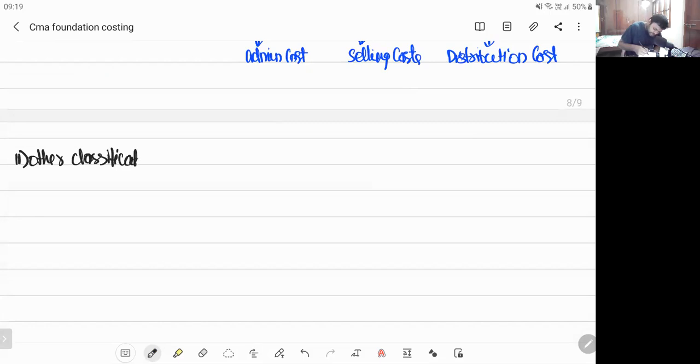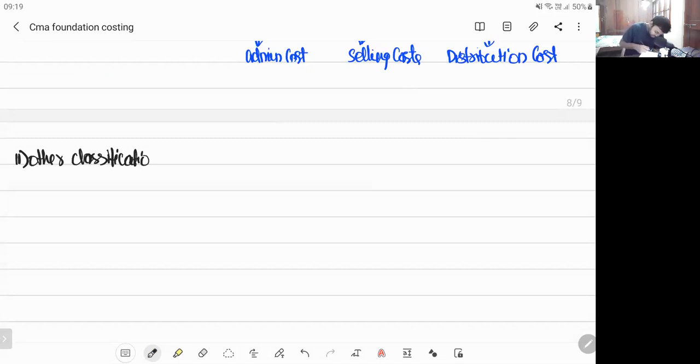This other classification in your book is given as managerial decision cost. So don't think that I'm bringing this from somewhere else, it's there in your book, not an issue. Okay, now let us proceed further. As per these other classifications, I can divide the cost as follows.